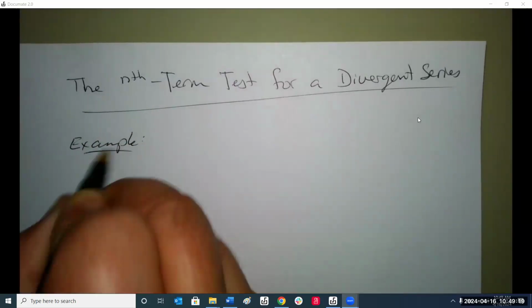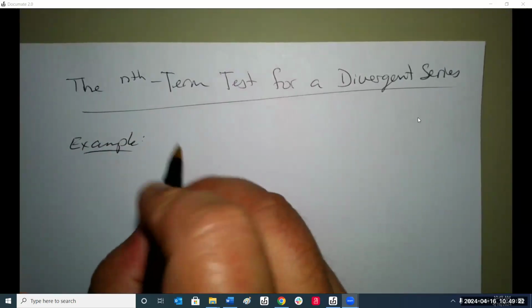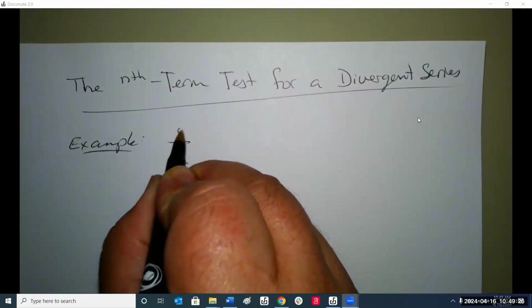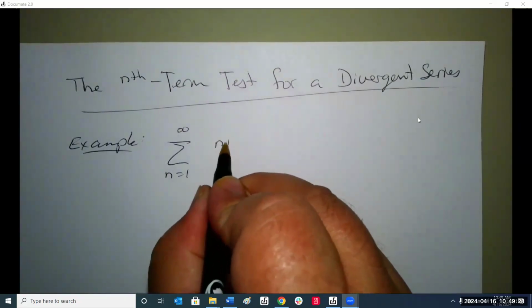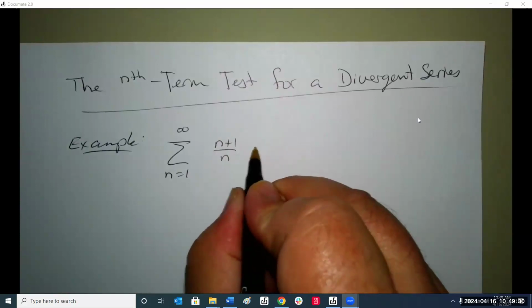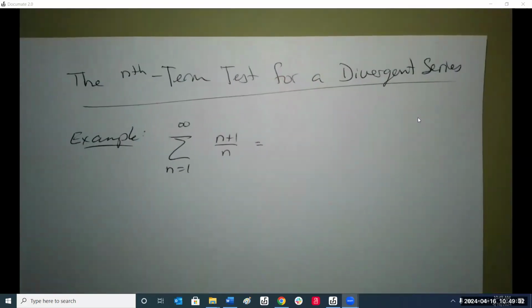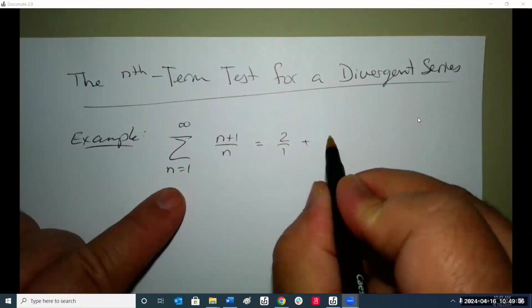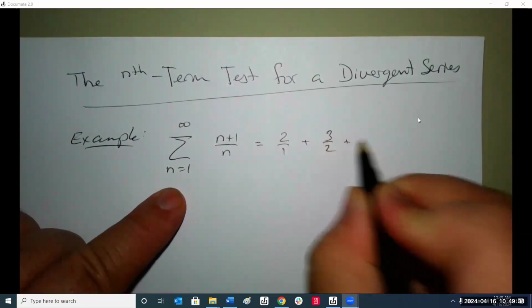So if the series increasingly gets larger, take the series of n plus 1 over n. So when n is 1, we get 2 over 1. When n is 2, we get 3 over 2.